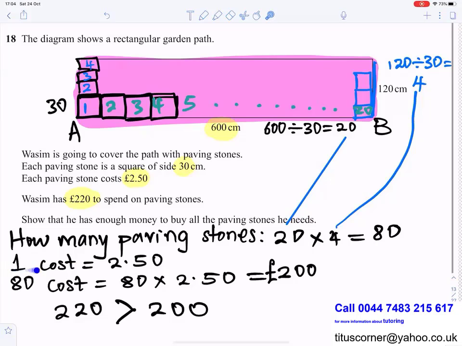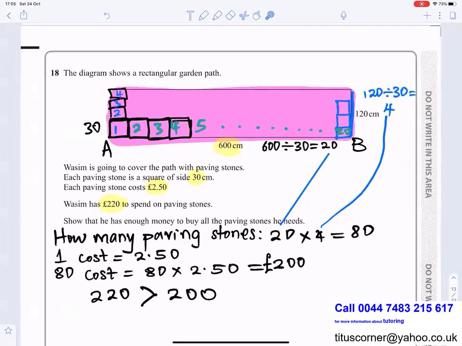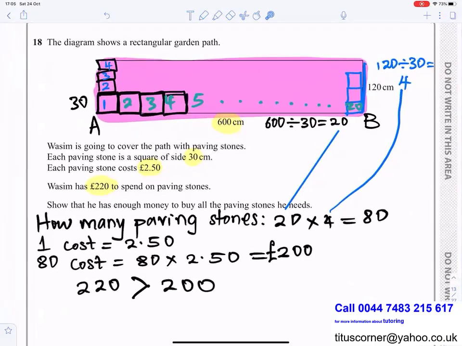The cost of 1 is £2.50. 80 would cost 80 times £2.50, which is £200. But £220 is bigger than £200. So we can conclude, we have shown that he has enough money, because £220 is bigger than £200.